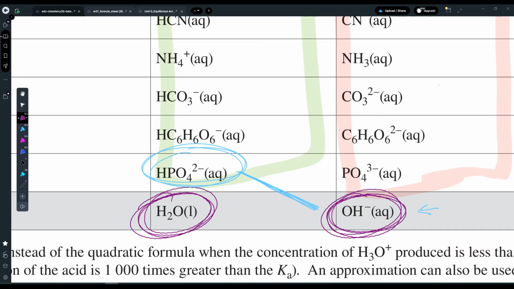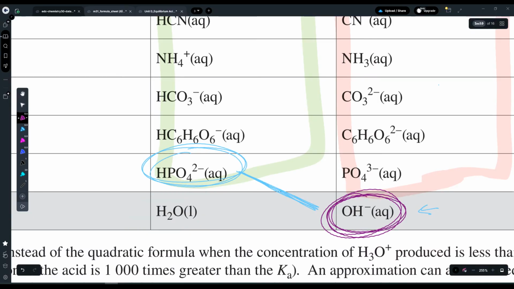That's only going to occur if the base is below the acid. If the base was above our acid, then we would say the backwards reaction is favored. But in this case, the forward reaction is favored because the base is below the acid.